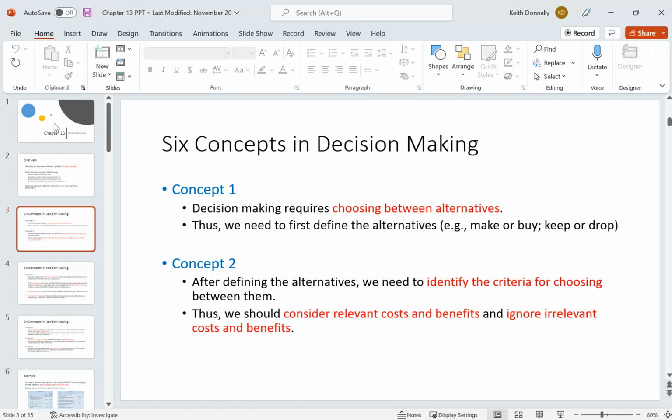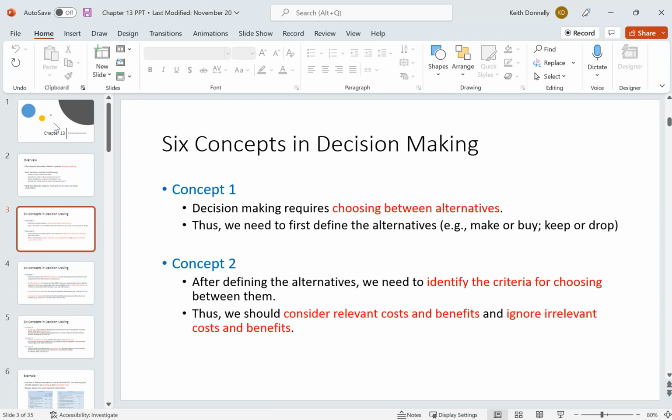And with making a decision presupposing that there are alternatives, that means we first have to define the alternatives. So in the make or buy decision, should we make those guitar strings or should we buy them from an external manufacturer and put them on the guitars? Should we keep or drop a business segment?